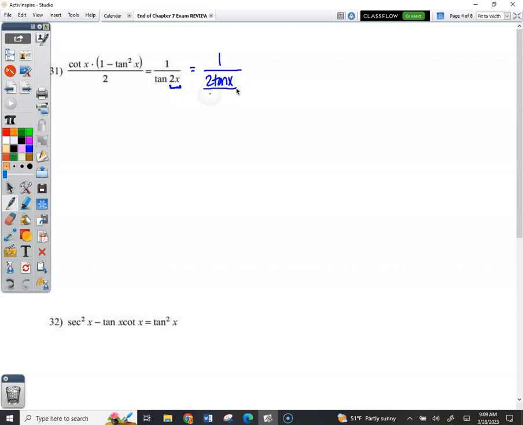Yeah, so this is ugly. So you really could work both here to clean that up, because that's ugly. That's going to be keep change flip, which ends up being this. So I knew that if I got to that with the left-hand side, I was already done. So you could work both there.